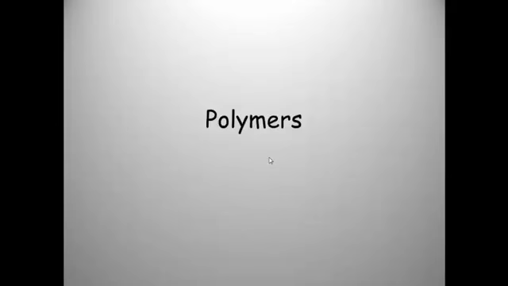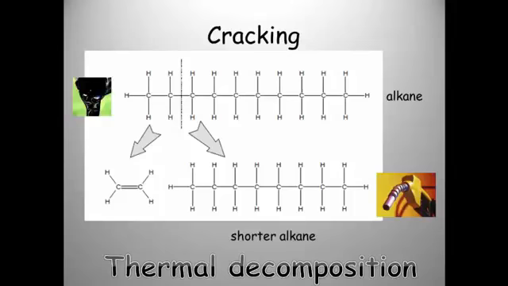Now, looking at polymers. So, earlier on in the video, we talked about cracking, which was taking a longer hydrocarbon and cracking it to make a shorter alkane, along with an alkene.